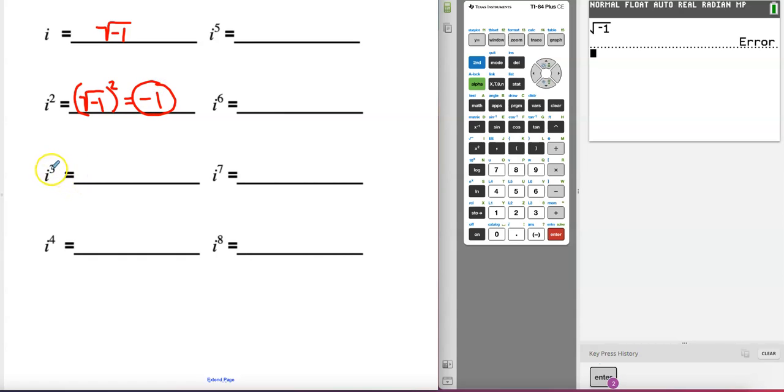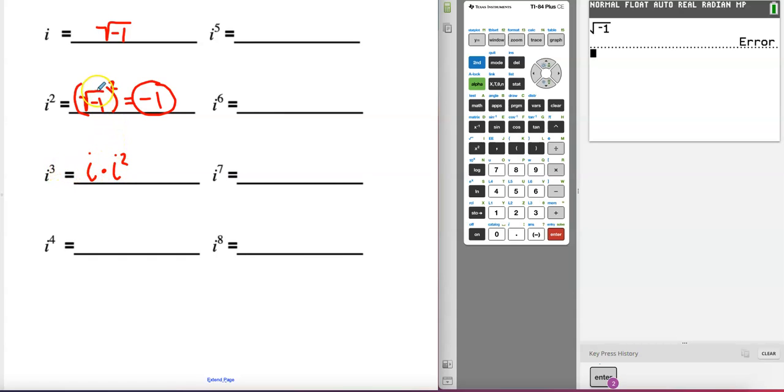Well, what is i to the third power? I know what just i is equivalent to, and I'm writing these little i's like this. I know what i is equivalent to, and I know what i squared is equivalent to. If I multiply those together, it will still give me i to the third power.